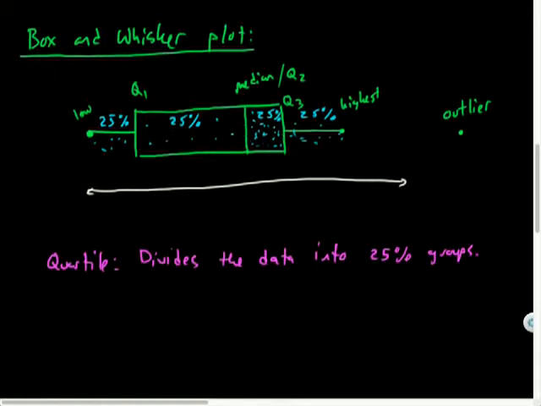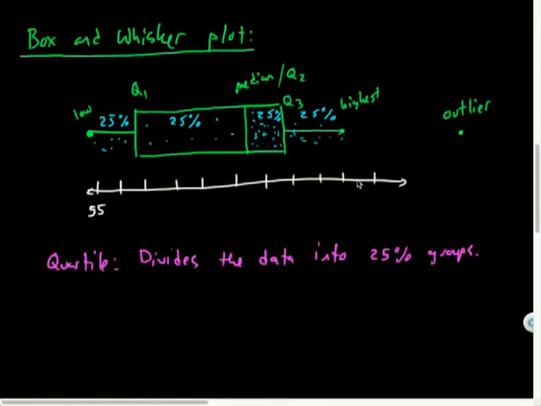The ends, by the way, are also sometimes called hinges. So this is a box and whisker plot, and the idea is that you'd have some sort of number line here. These locations are not arbitrary; they are very specific. For instance, maybe my lowest number was 55.